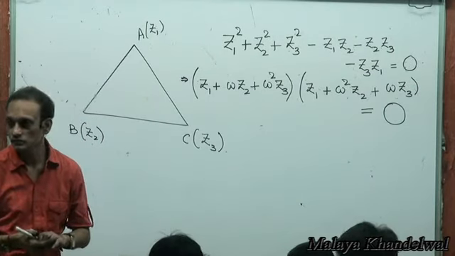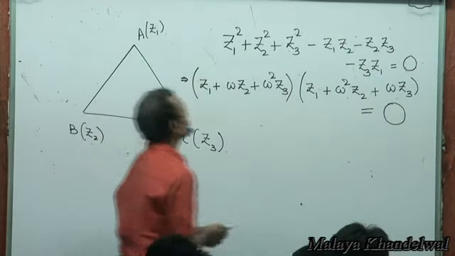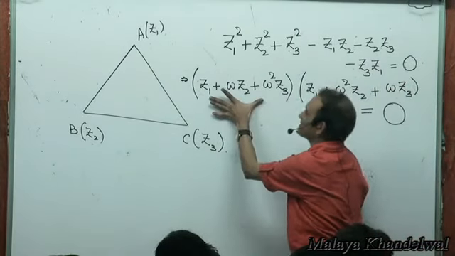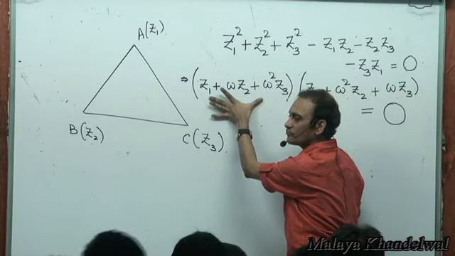Yes or no? Which means either this is 0 or this is 0. Let me take, for example, this as 0.